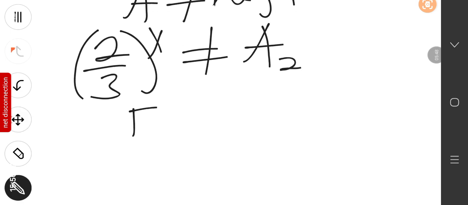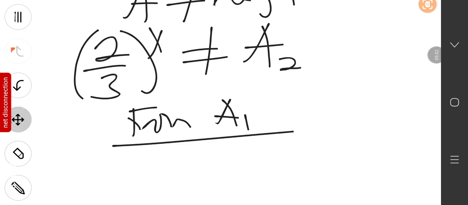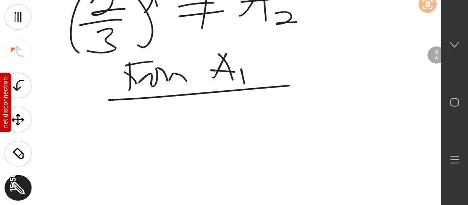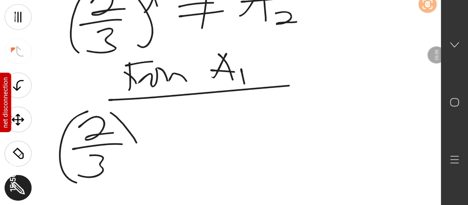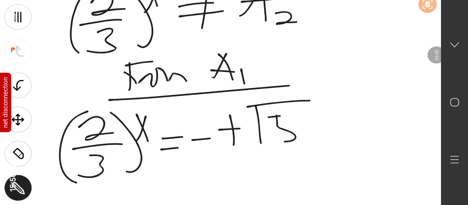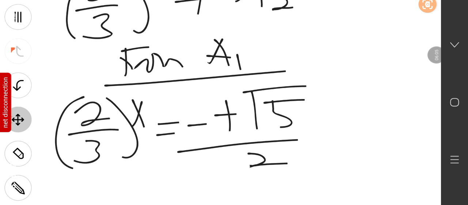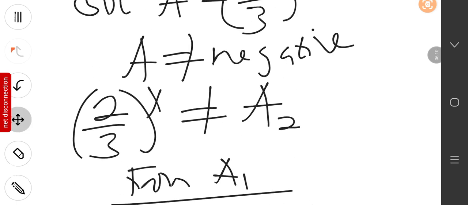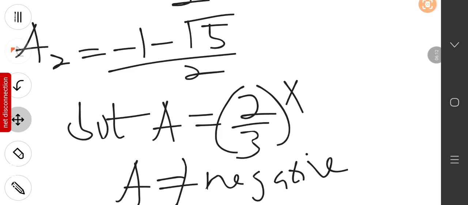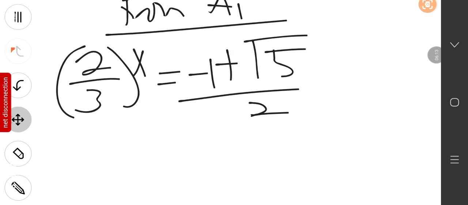So you can say from a1, okay, we can say 2 over 3 exponent x equals minus 1 plus the square root of 5 over 2.